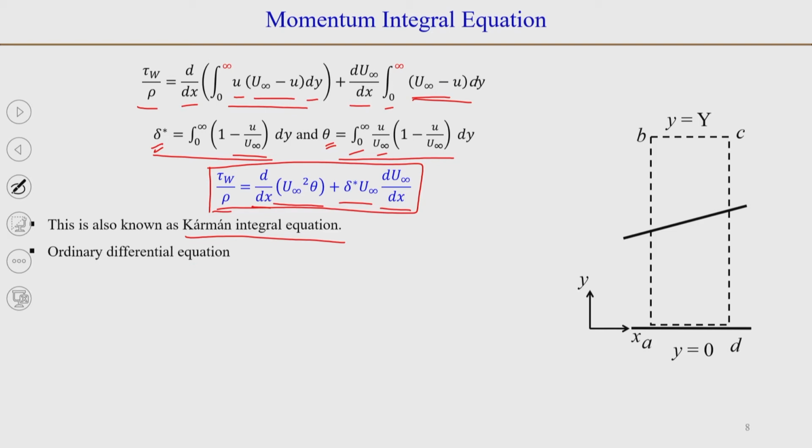Now, this is an ordinary differential equation, and this equation is a function of delta, the boundary layer thickness, which comes from theta and delta star.